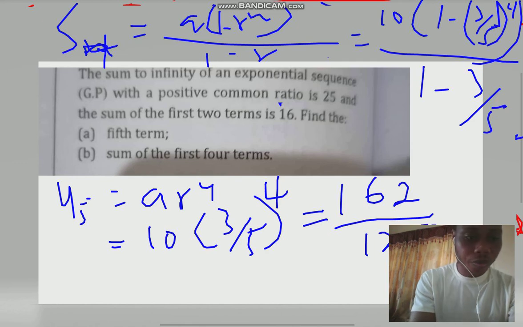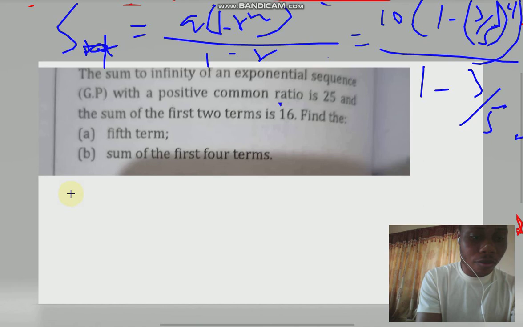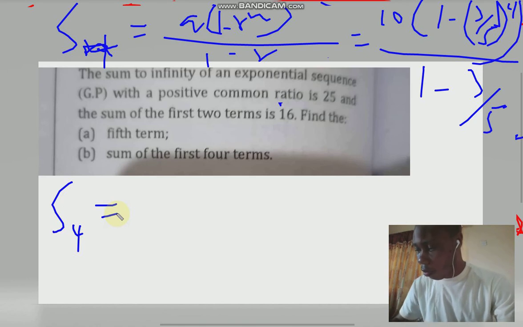So just take off this side. If I punch everything on my calculator, I'm supposed to get S of 4.